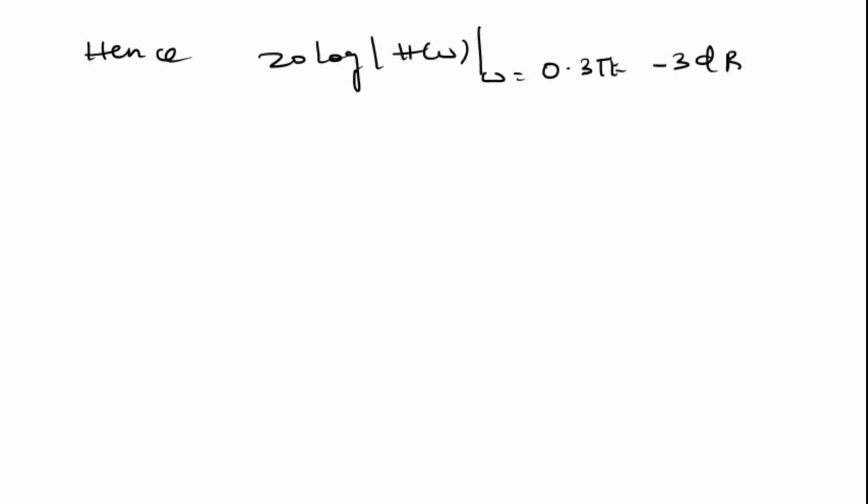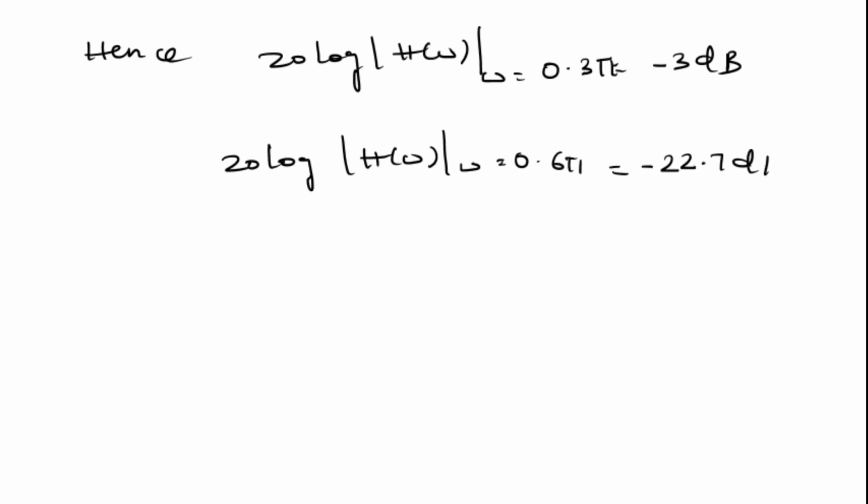Hence 20 log of h of omega at omega is equal to 0.3 pi: if we substitute into the previous equation, we get minus 3 decibels, and 20 log of h of omega at omega is equal to 0.6 pi, we get minus 22.7 decibels.